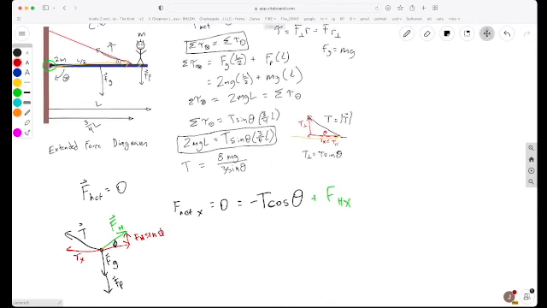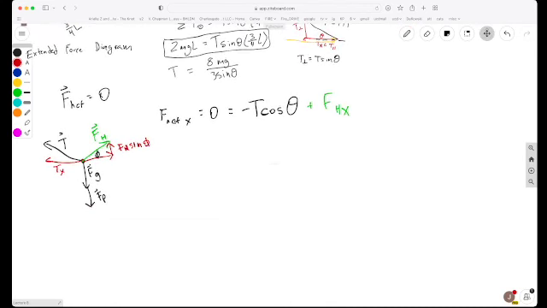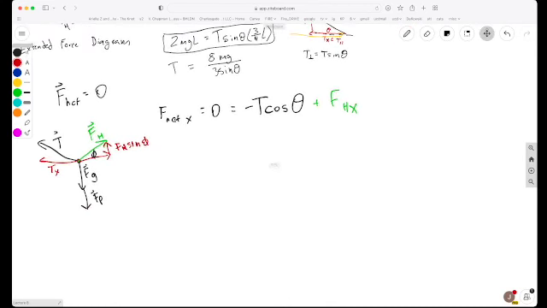And let me zoom in a bit here. The x component will be Fh cos phi. So we can plug that into the equation we've written, with negative T cos theta plus Fh, and that's going to be cos phi, because of the angle we've decided is phi, Fh cos phi.